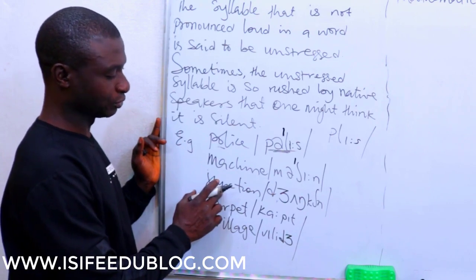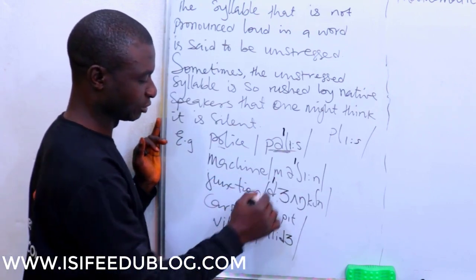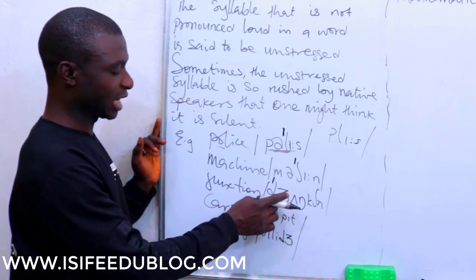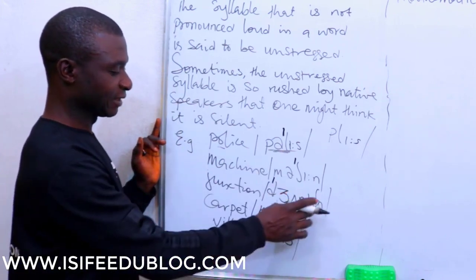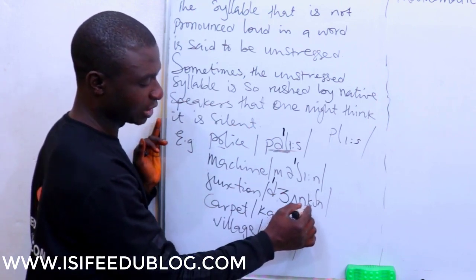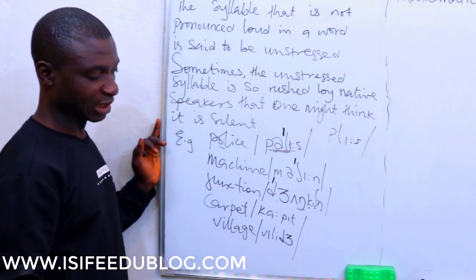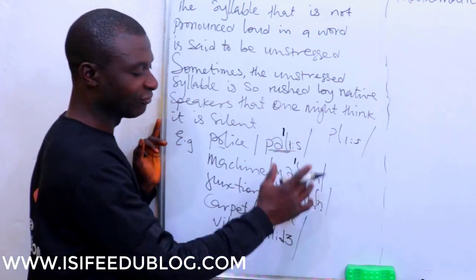Now, junction. Junction. This is on the first syllable. So you could notice that we sounded the first syllable higher than the second. Of course, from this point, 1, 2, 3, 4, is a cluster of consonants. Right? Junction. There is no vowel here.